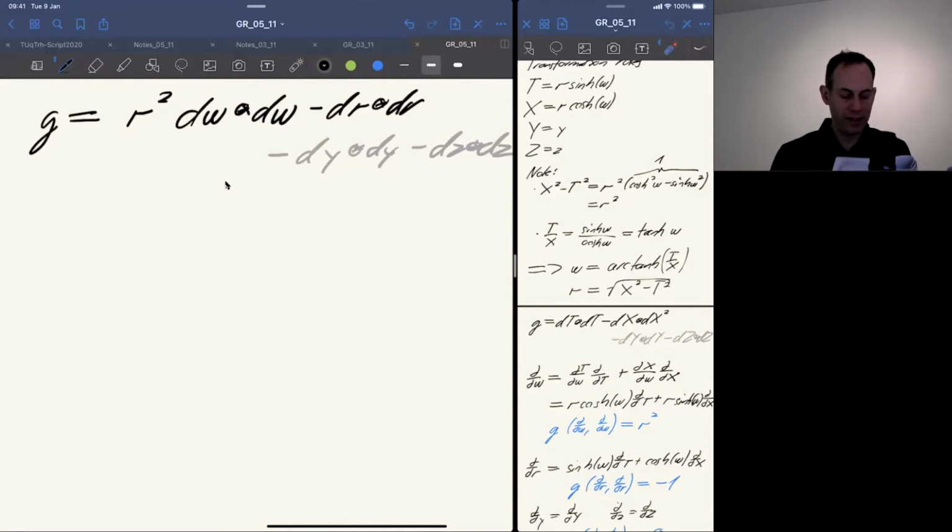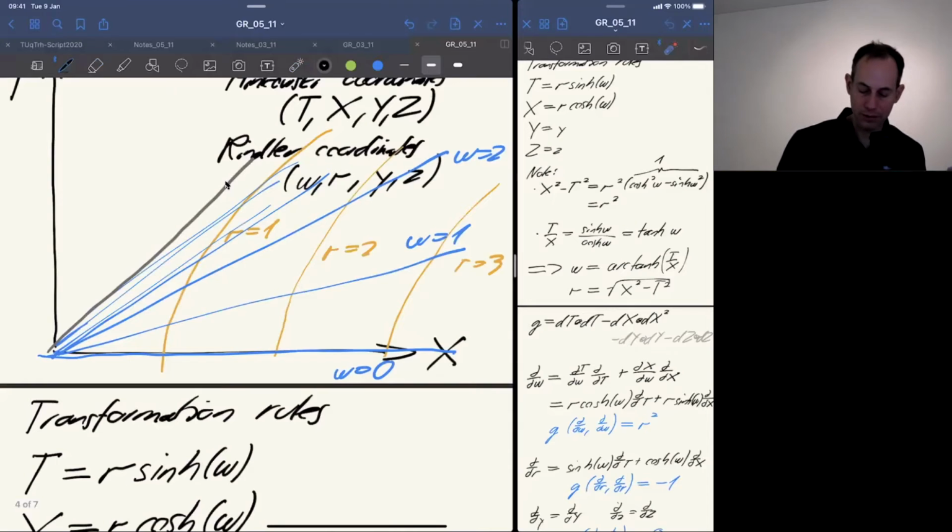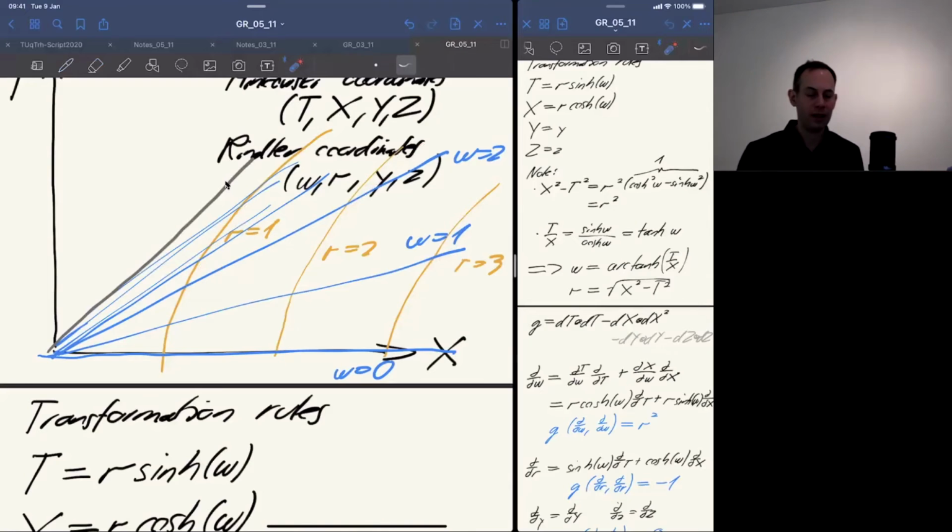They don't necessarily need to be free-falling. So what we do here is look at curves of observers who move along coordinate lines. We suppose we have observers moving along these orange lines: an observer at r = 1, one at r = 2, at r = 3, and so on.